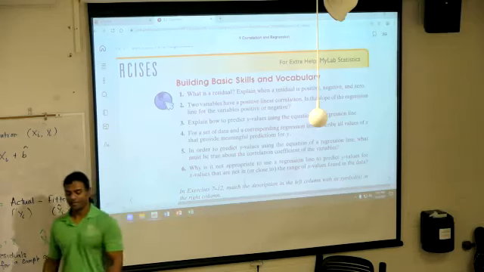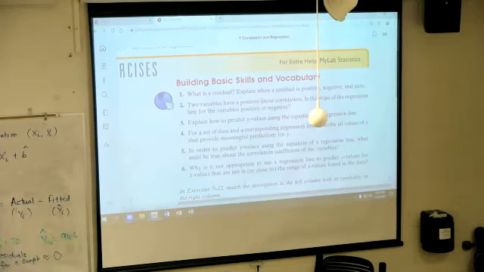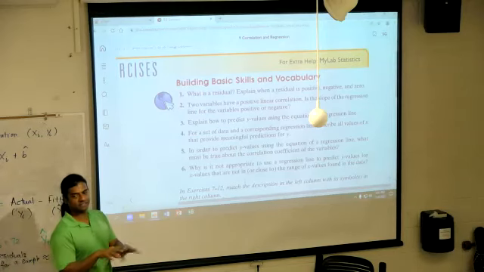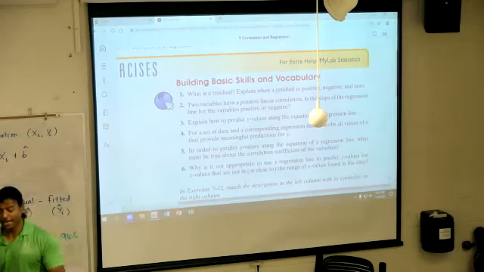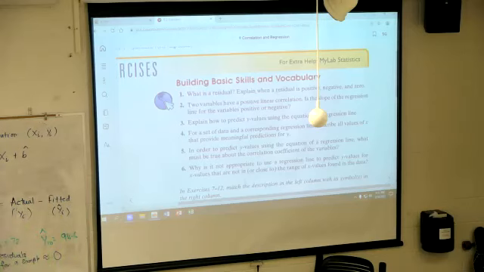Number 6, I'll give you the reason as to why. Anytime we predict y using x values, whatever x value that we use should be within the range of x values that we observed. Sometimes it could go slightly out of the range, but we want it within the range.